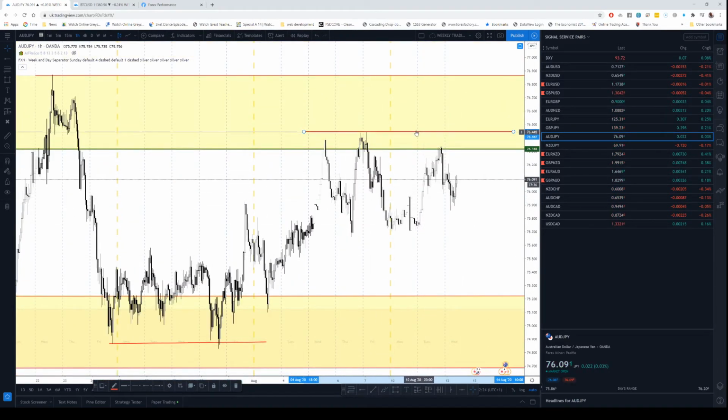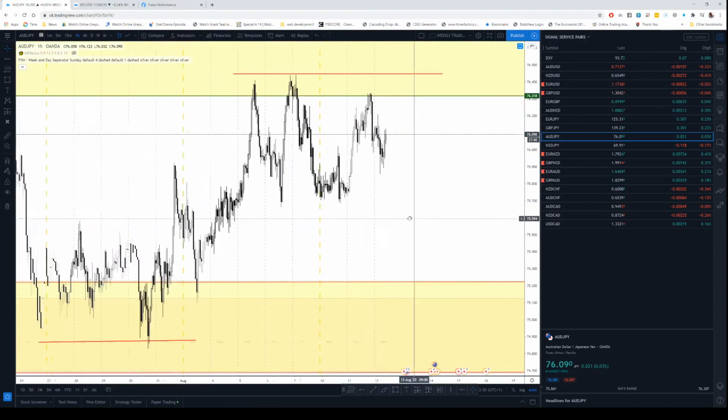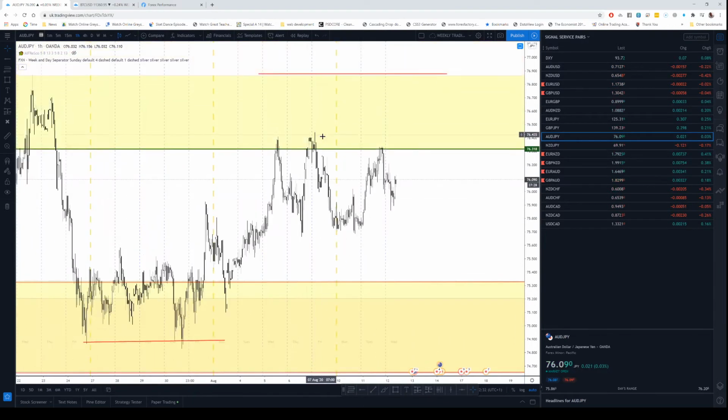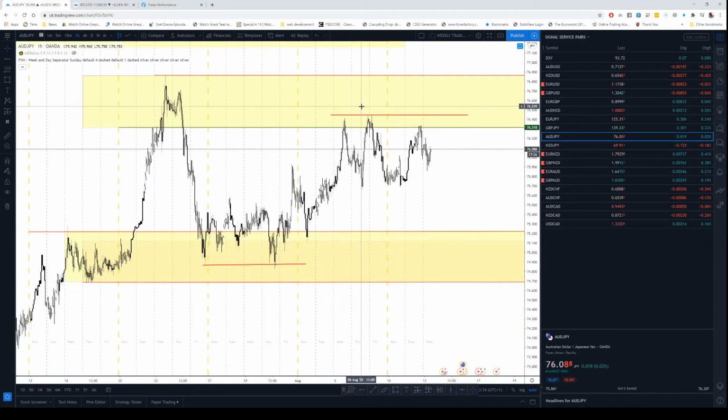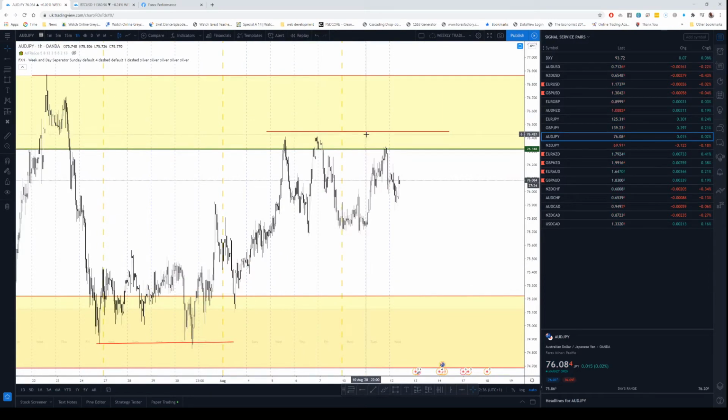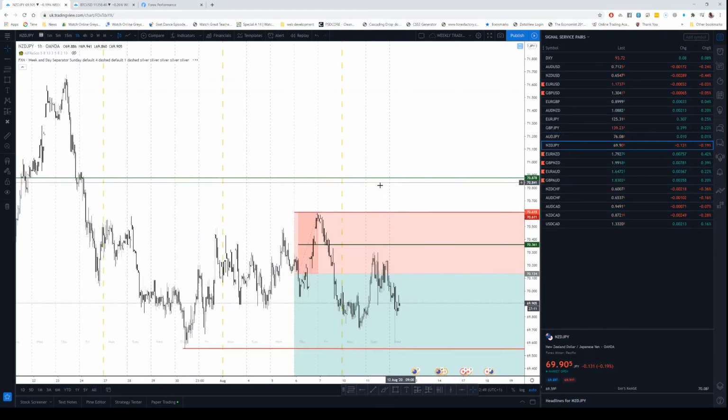Ideally, yesterday I mentioned I wanted it to run this high and then reject, because once they run a weekly high, there's a lot of money above it. Okay, so run the weekly high, reject, and then we should see lower prices. So we don't have anything like that, and we don't have any run down here, so we're just gonna leave it.